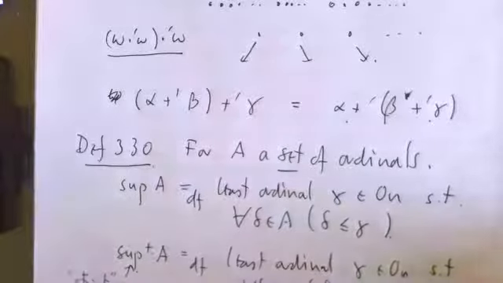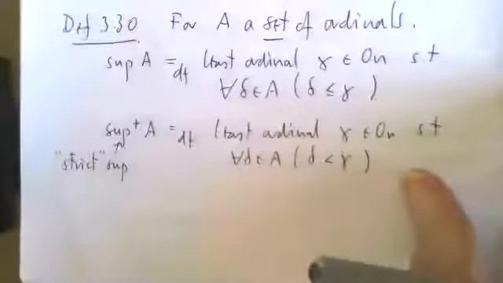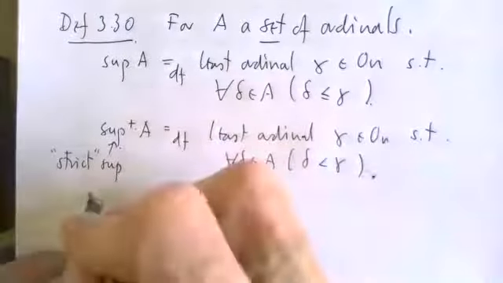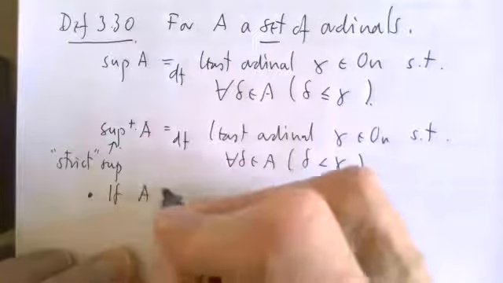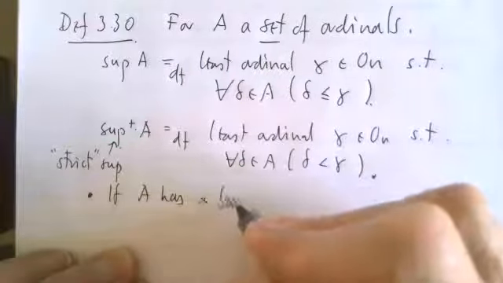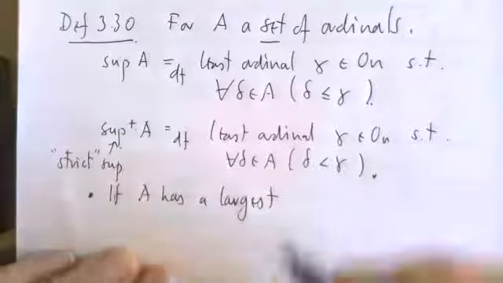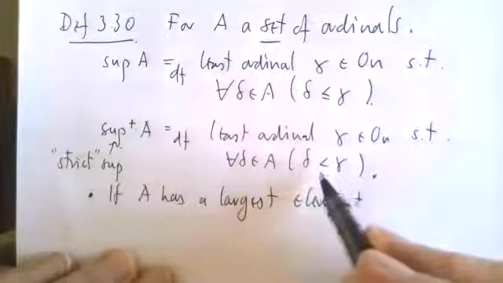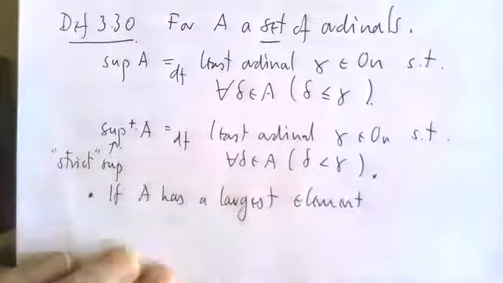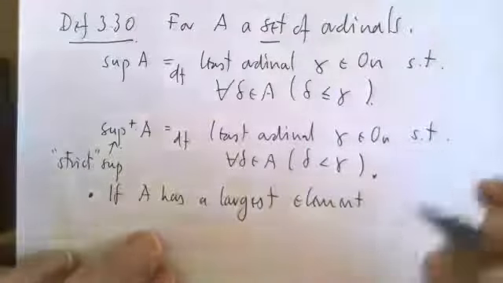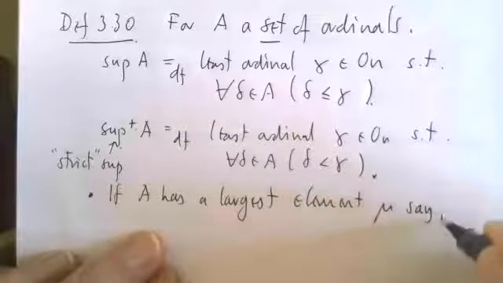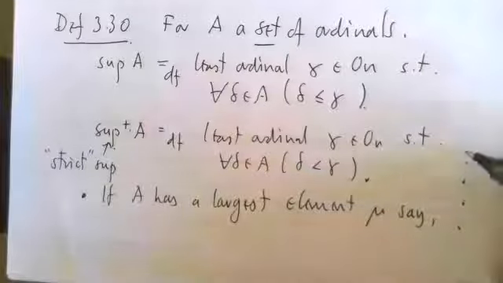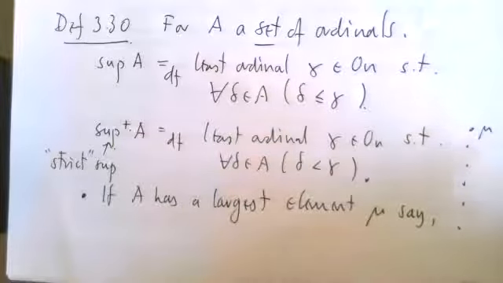So what is the effect of this definition? If A has a largest element, and again, remember less than on ordinals is epsilon, just as for natural numbers, here's A going up the page, and it's mu.